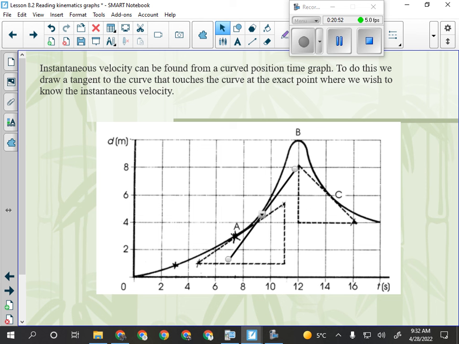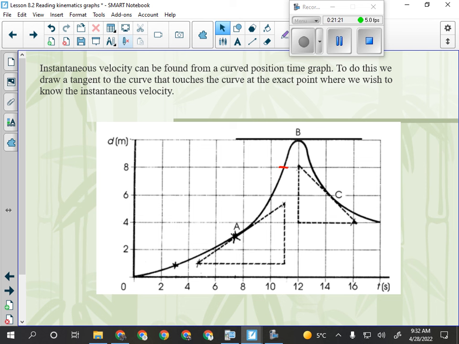Okay? So we're saying it gets steeper and steeper and steeper. Once we get past this point right here, I told you that it's starting to slow down. Okay? And it's starting to slow down because the line's getting shallower and shallower until it's flat. Okay?